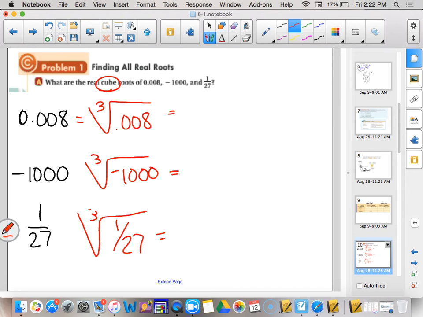Math and number 4. So math button, go down to where it says 3 cube root, and I'm going to type in 0.008, and I get what? 0.2. Then I'm going to put the cube root of negative 1,000, and I'm going to get what? Negative 10. And then the cube root of 1/27 gives me 1/3.